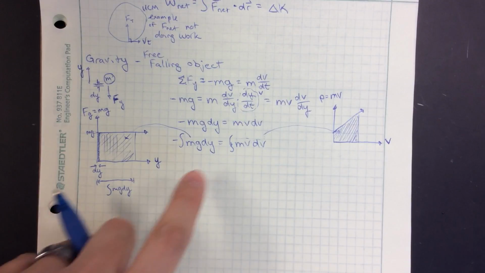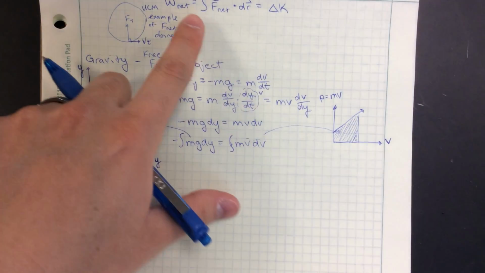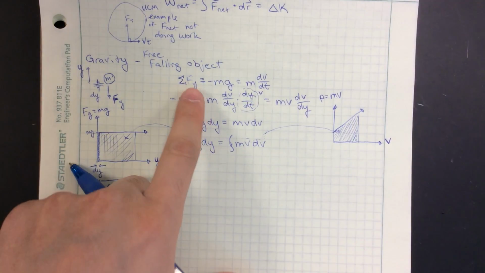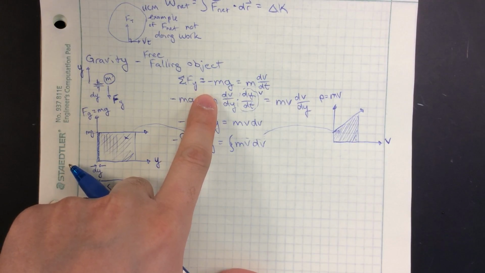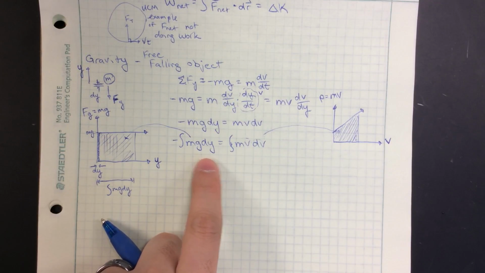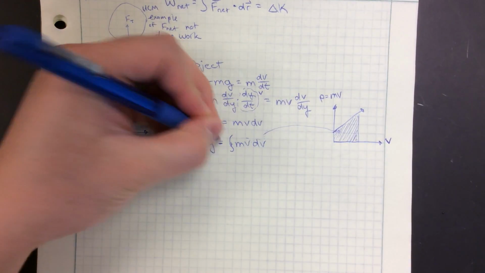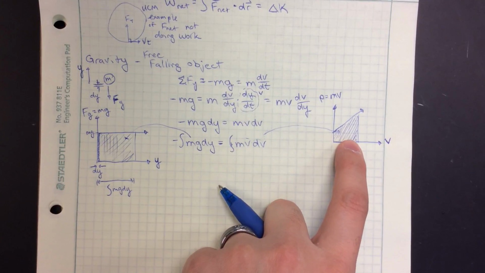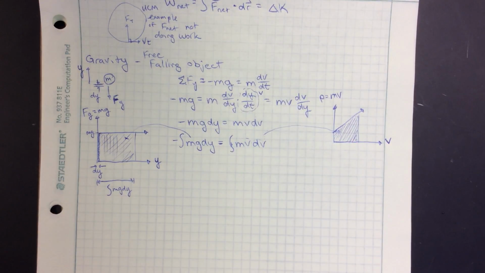Notice that by doing some mathematical analysis, you can take Newton's second law and say there is a relationship, an equality between this area of the weight over a position change to the momentum over a velocity change. They're related. So that means that I should be able to figure out how my speed changes based on where something is, not how much time something has fallen, which is what we're trying to get at.